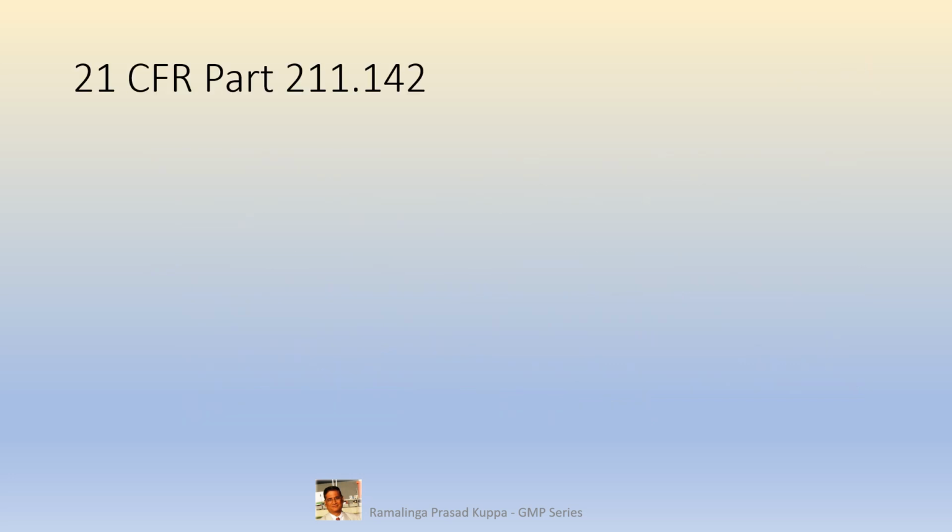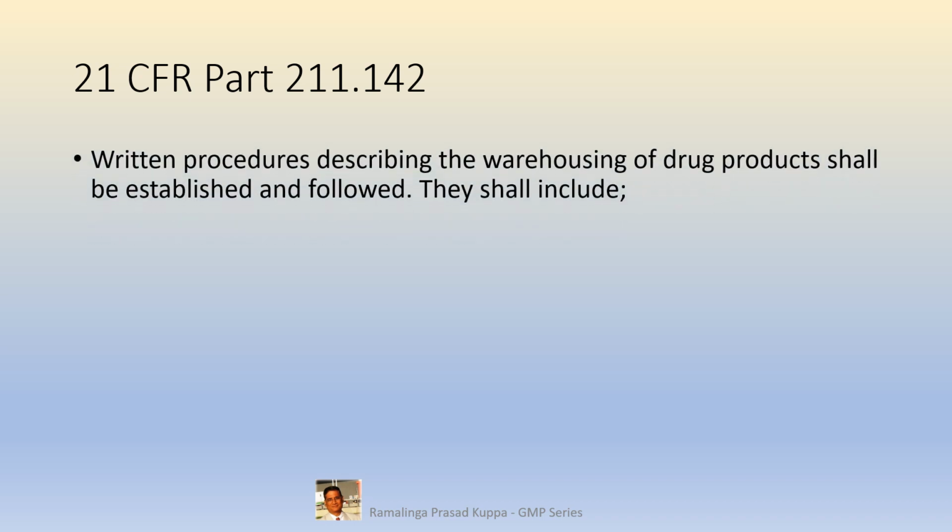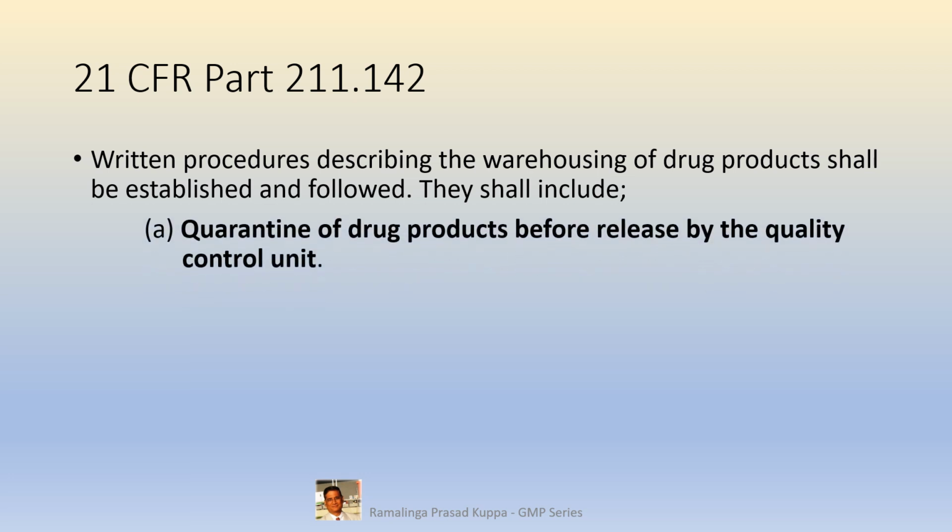Let us see the prescription under 21 CFR Part 211.142. Written procedures describing the warehousing of drug products shall be established and followed. They shall include quarantine of drug products before release by the Quality Control Unit. This section of 21 CFR Part 211 prescribes that all the drug products must be released only after evaluation and release by quality units.